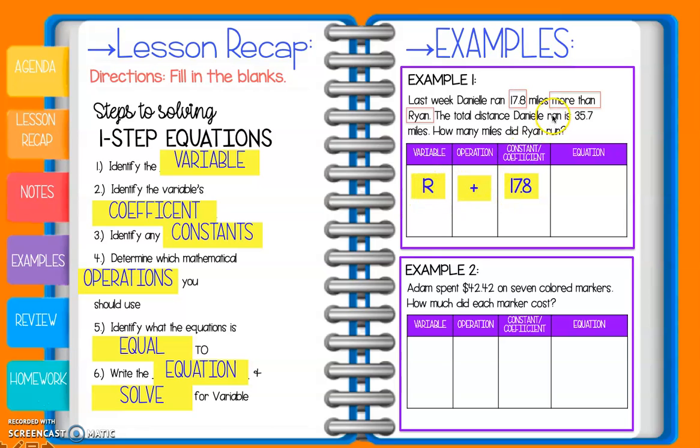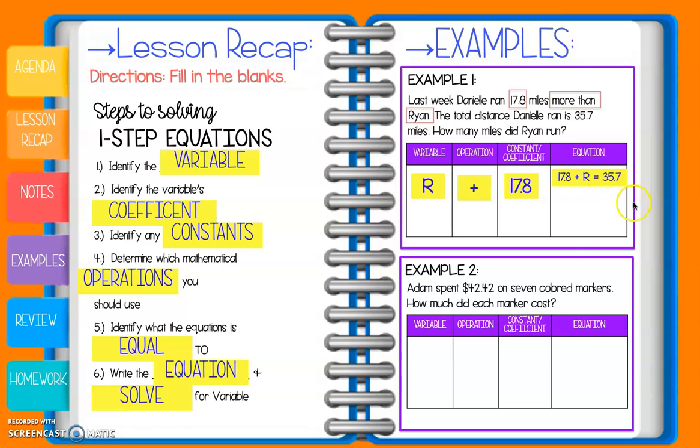Okay, and we know that our answer is 35.7 because the word is tells me where to put the equal sign. So if we're going to write our equation, we're going to take the amount that Ryan ran plus the 17.8 that Danielle ran more than him. So it's 17.8 miles more than, that's our plus, Ryan. And we know that that is equal to 35.7.